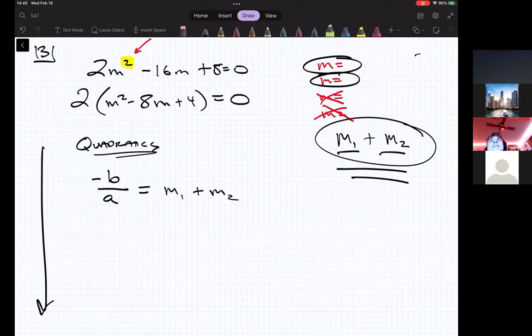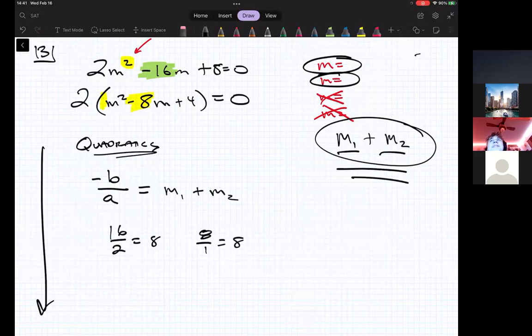So if I look at the first one, the opposite of negative 16 is 16, divided by 2 is equal to 8. In the second one, the opposite of negative 8 over 1, because the 1 is the coefficient on m squared, is just positive 8 over 1, which is equal to 8.